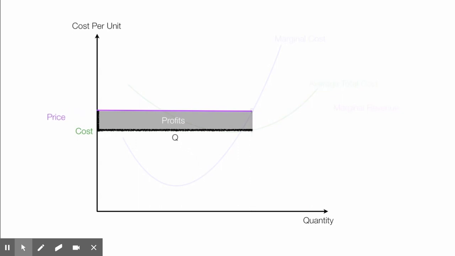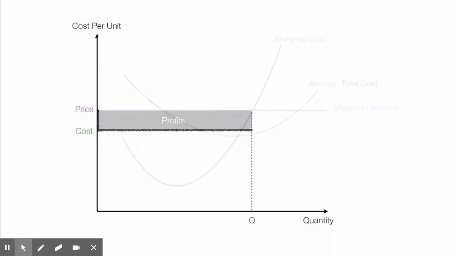And the height is simply price minus cost. So it turns out quantity times price minus cost, in parentheses, is equal to profits, or the area of that gray rectangle.